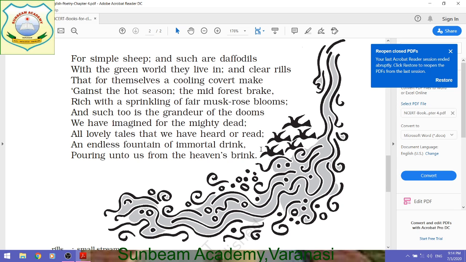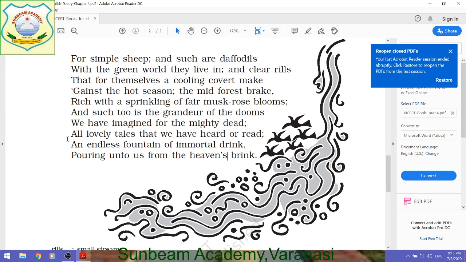It seems that when we come into contact with the beauty of nature, the things of beauty present here on the earth are equally beautiful as the immortal drink. It seems that the immortal drink of heaven comes directly out to satisfy our soul and mind here on the earth.